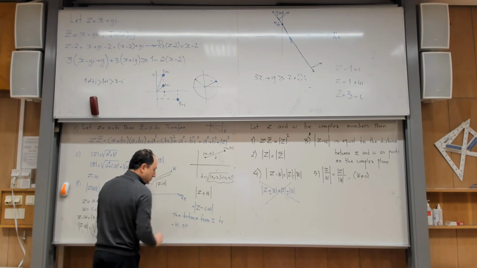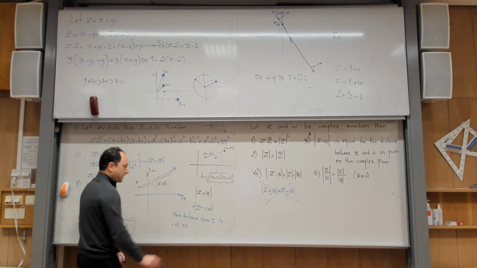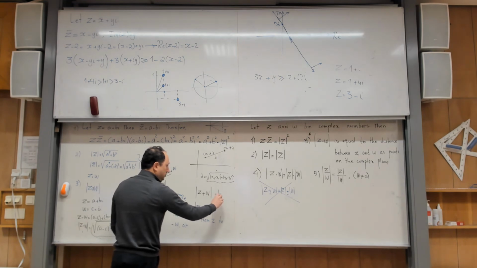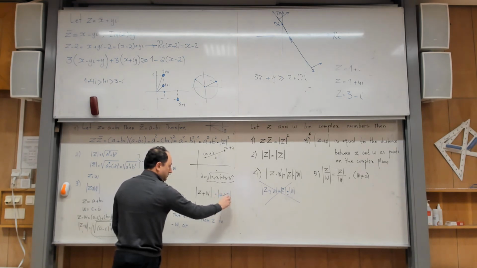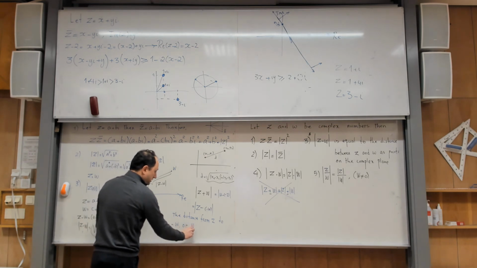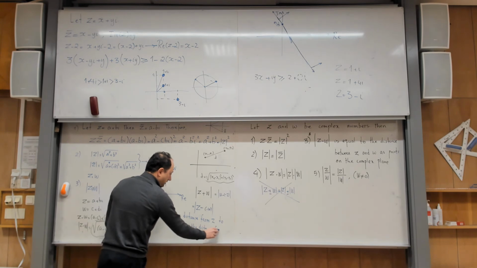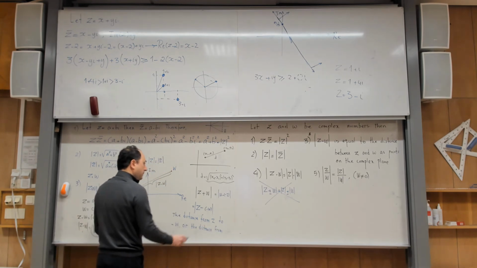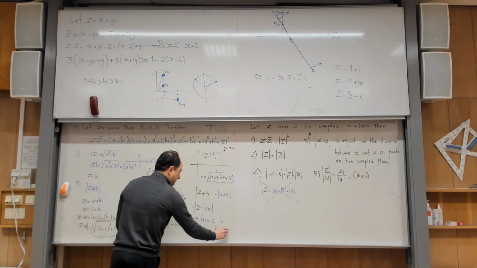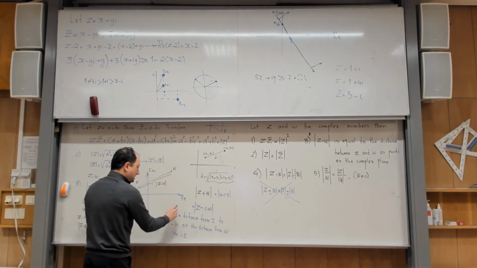Or how can I interpret it alternatively? I can imagine it as w minus minus z. So then I can write the distance from w to minus z. So this is also good to know.